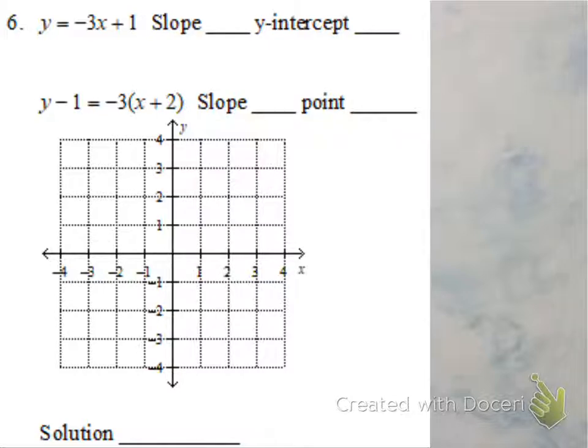Number 6, our slope is -3, or you could think of that as a fraction, -3/1. Y-intercept's 1. So plot a point at 1 and then go down 3 to the right 1. You can also go up 3 to the left 1.